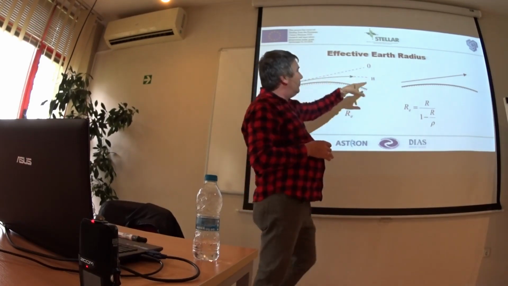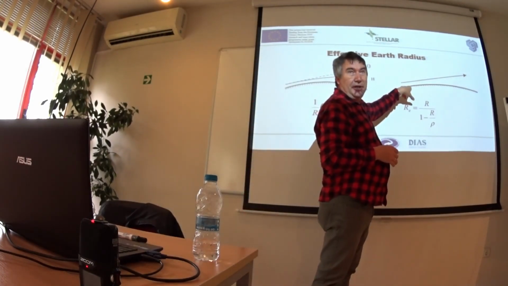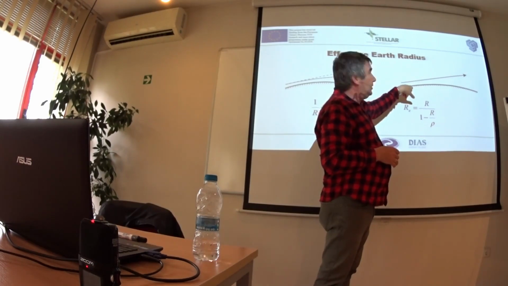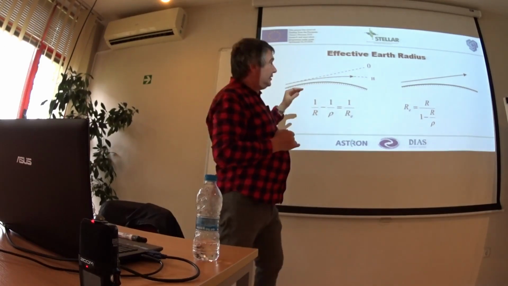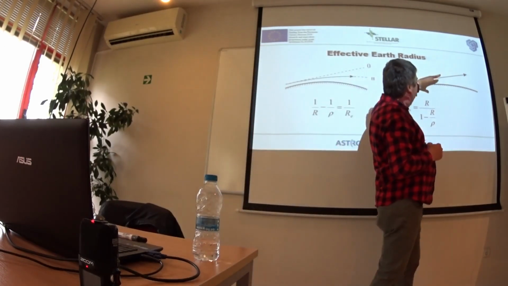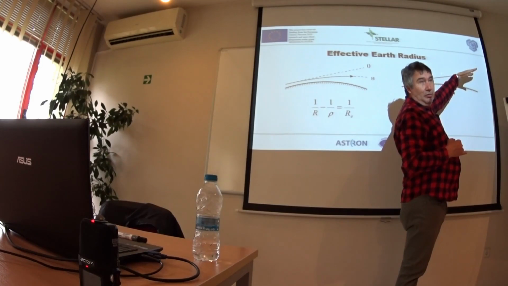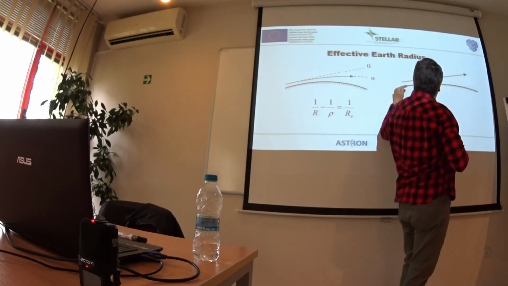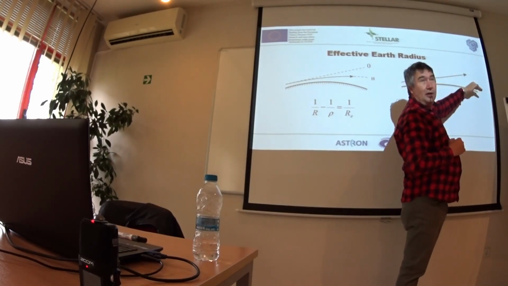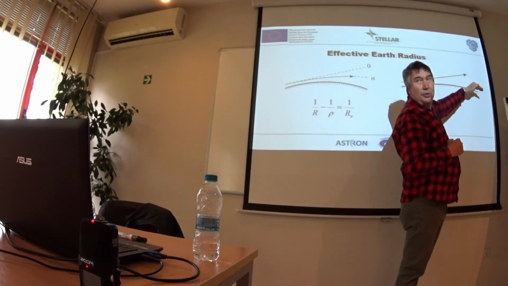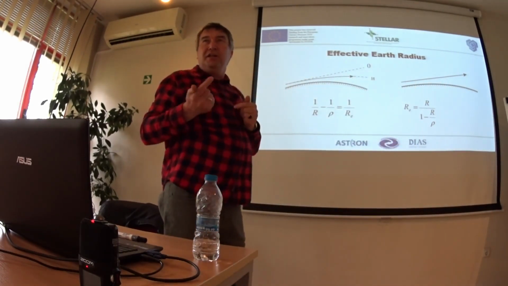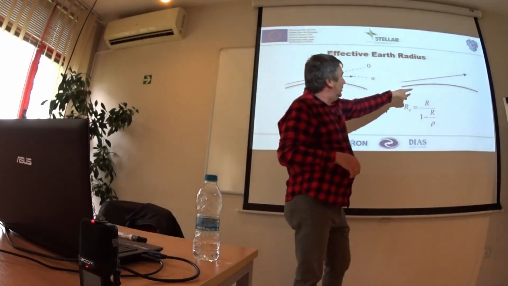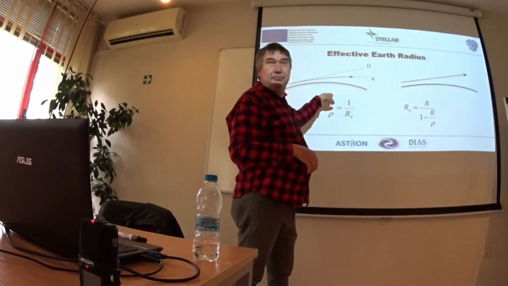In this case, we will have a different Earth radius, or we will assume that radio waves propagate on straight lines, but over an Earth surface with different radius. So everything we have to change is the radius of the Earth.